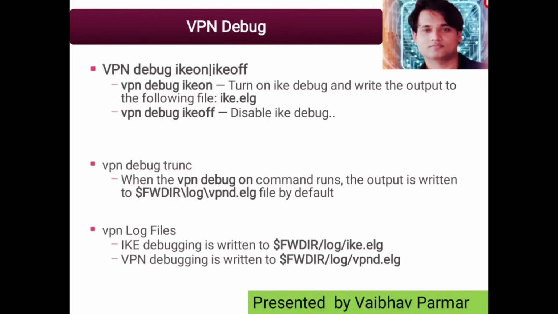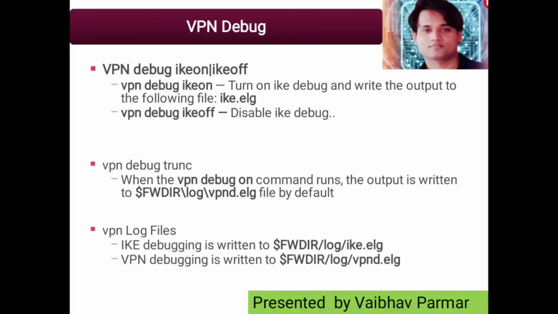VPN debug logging is enabled when you run this command. Using the vpn debug on command, the output of the debugging writes to two different locations depending on what is being debugged. So IKE debugging is written to $FWDIR/log/IKE.elg, and VPN debugging is written to $FWDIR/log/vpnd.elg.